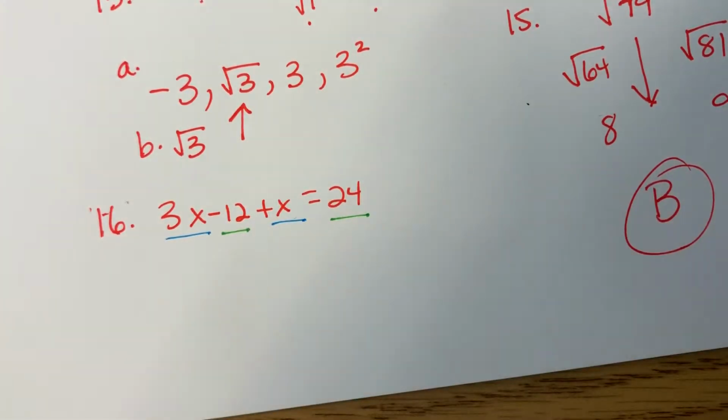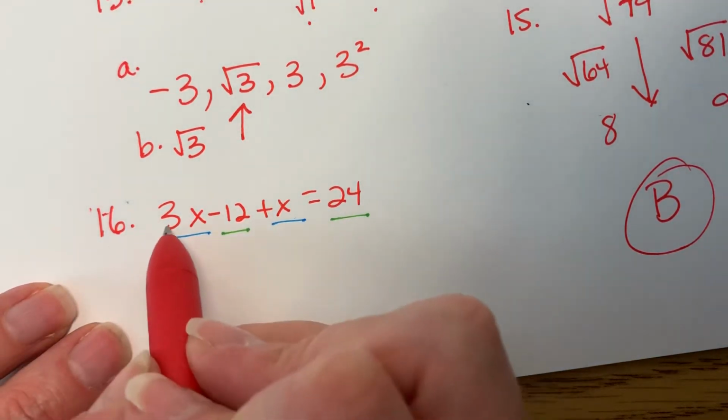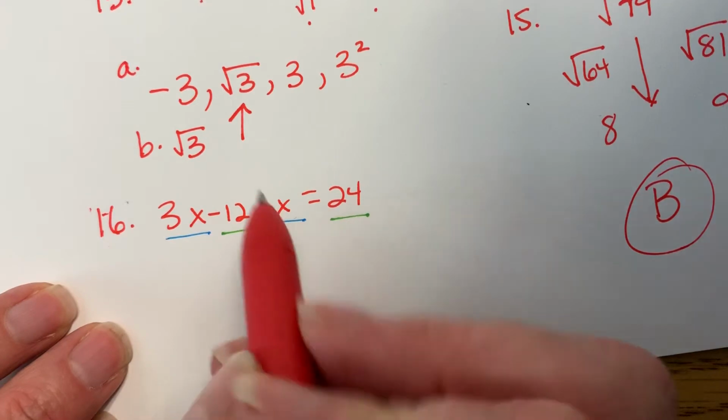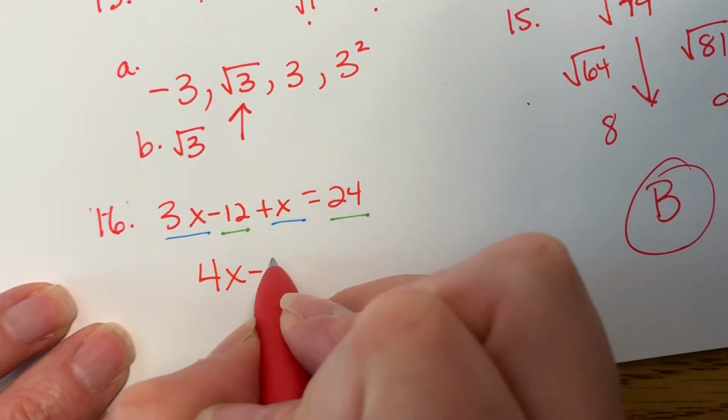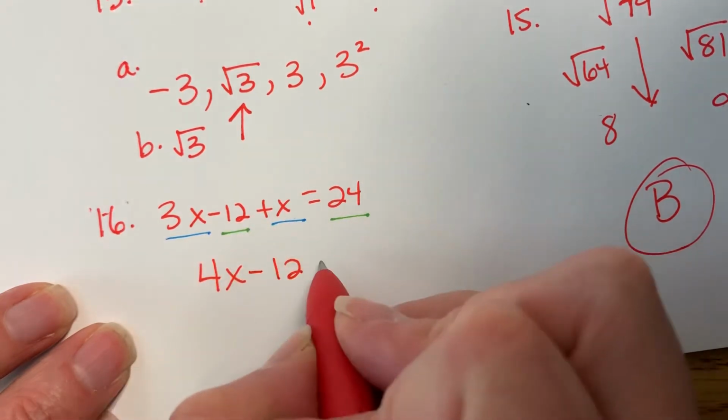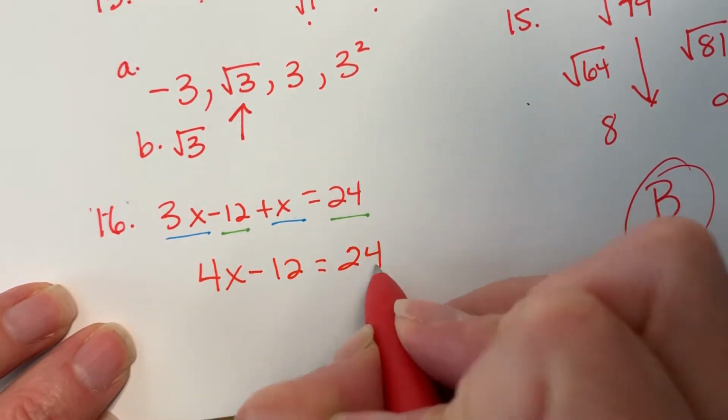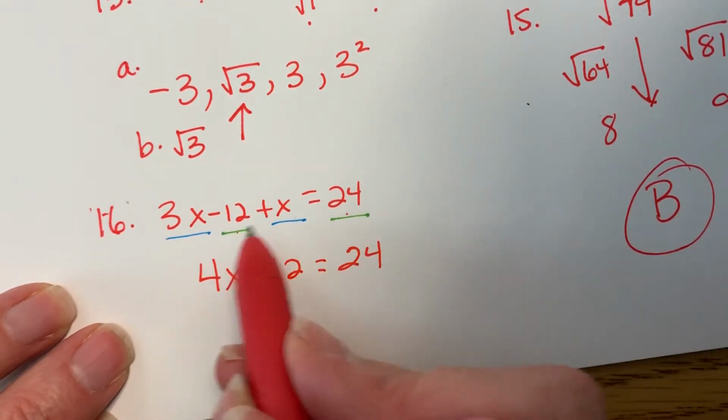All right, so what I want to do is combine my x's. So when I combine the 3x and the x, since this is positive, I'm just going to add 3x plus 1x is 4x. All right, so I have 4x minus 12 on this side of the equal sign and 24 over here. Somehow I want to get these two together.